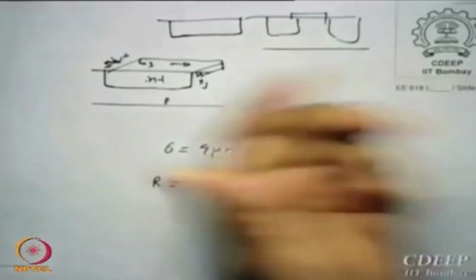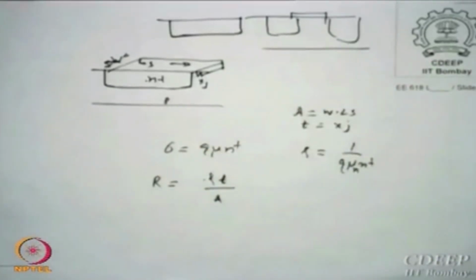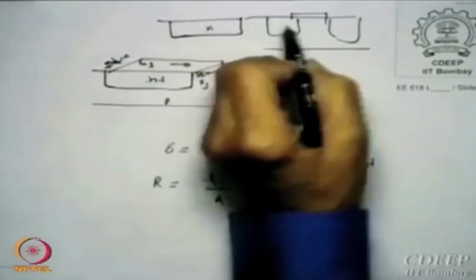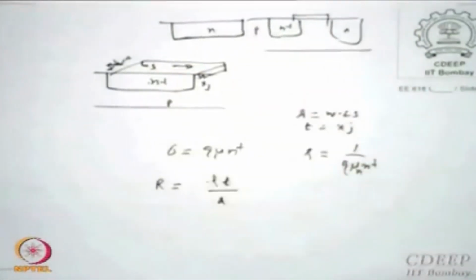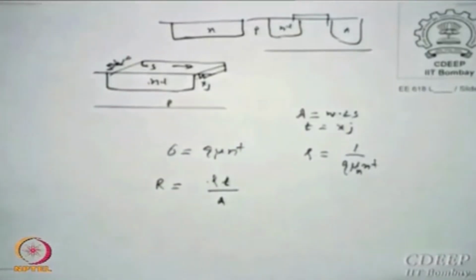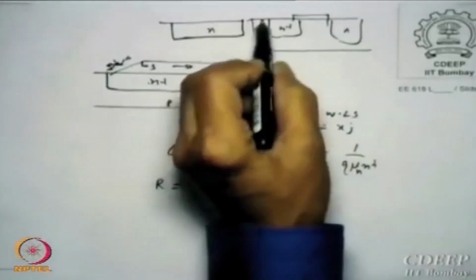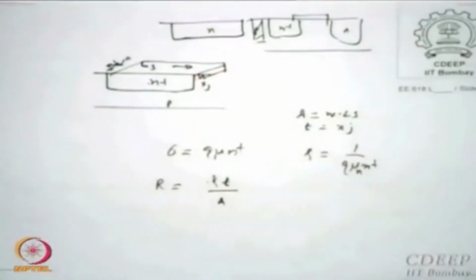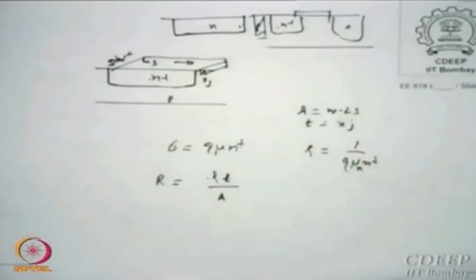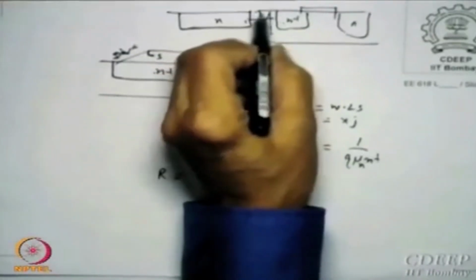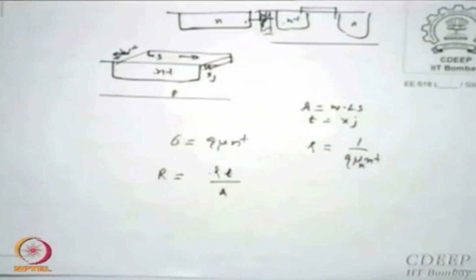What is the problem with such putting there? What is the criteria I should have? This is N plus, this is N plus, this is N plus, but this is P. Isolate. How to isolate the two areas? Either put an oxide down here, which is STI, or this NPN transistor should have a gain of less than 1, okay. Or put even higher doping here so that the gain goes down.